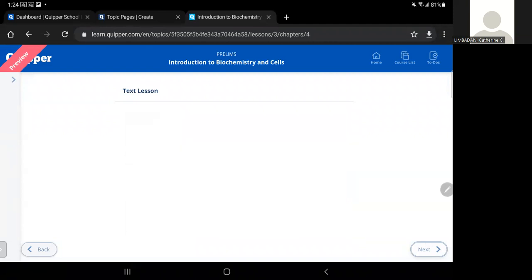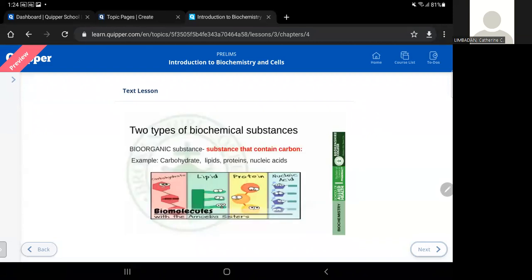When we talk about organic, it talks about your biomolecules: carbohydrates, lipids, proteins, and nucleic acids. Each of these is a building block of a particular molecule. We will be discussing it later.